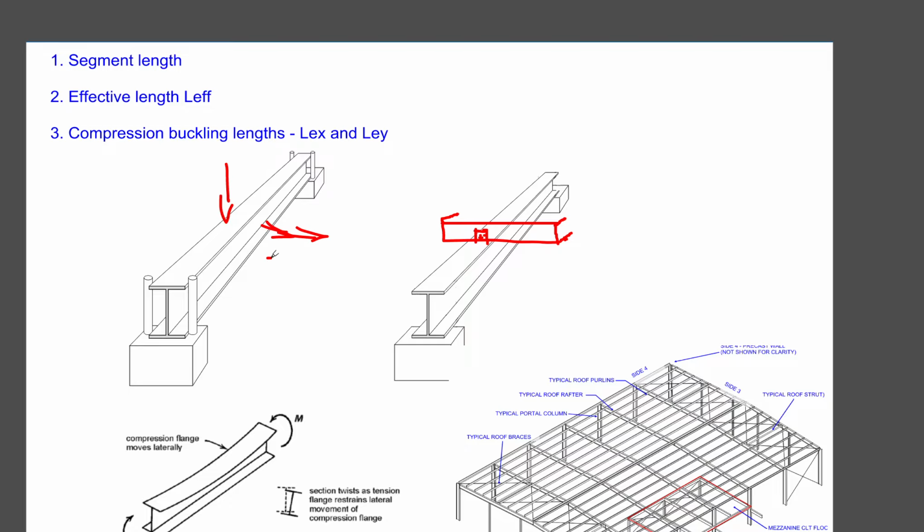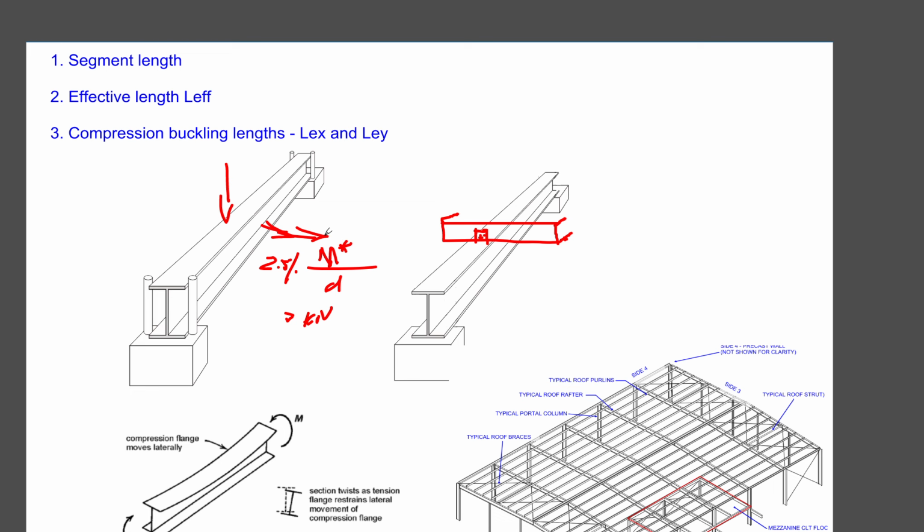That force is 2.5% of the critical compression flange force, which is your M star divided by your section depth. So moment divided by your lever arm gives your force in kilonewtons. You times that by 2.5%, and it gives you a force in kilonewtons that you need to design for.